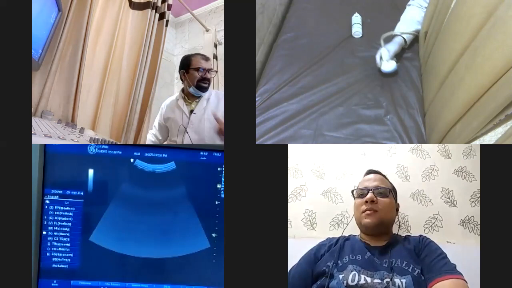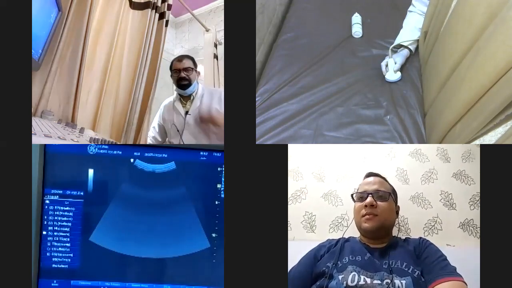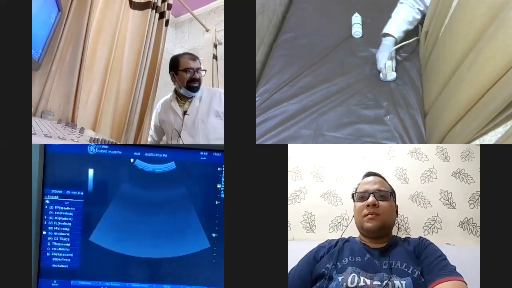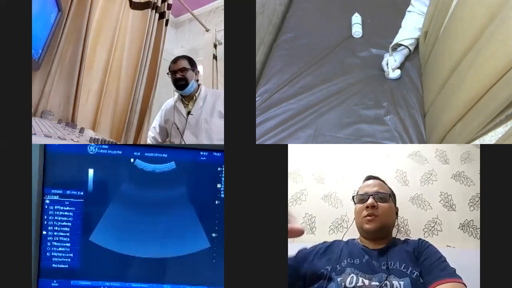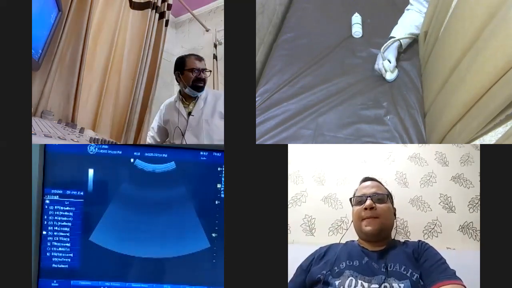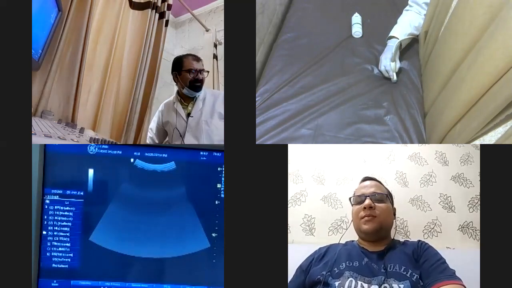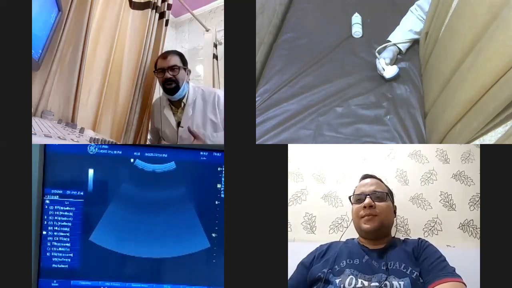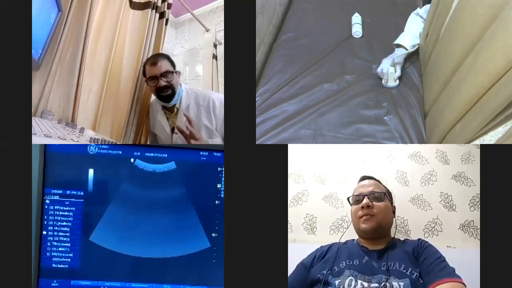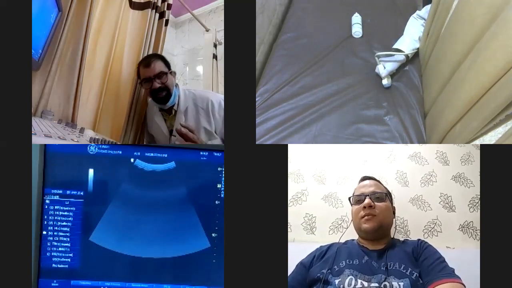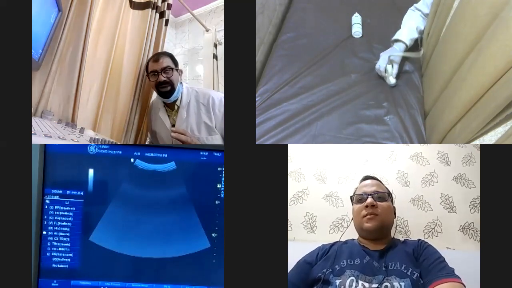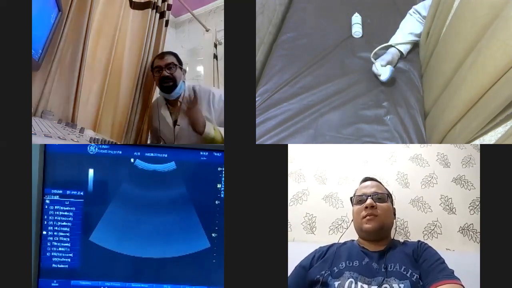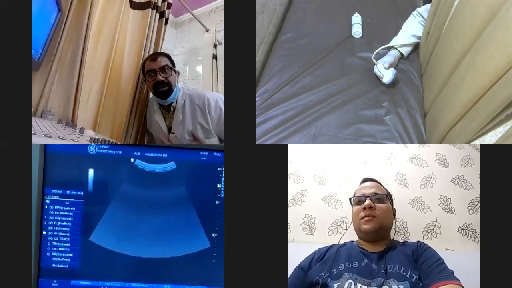On ultrasound, some people may be comfortable with clockwise, but some may be comfortable with anti-clockwise rotation. I don't know whether you will be comfortable with right side up or right side down. I mean, clockwise or anti-clockwise rotation. I don't know. You getting the point?